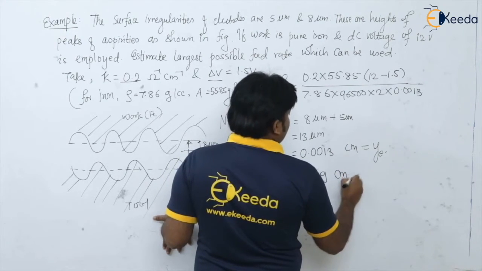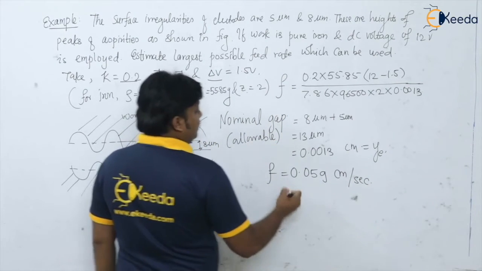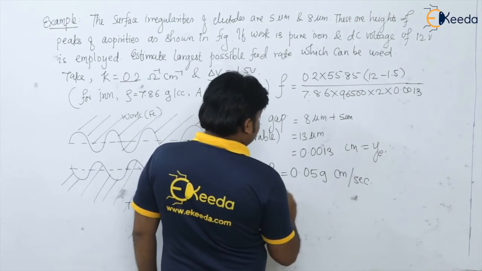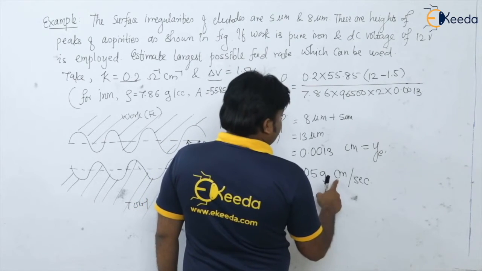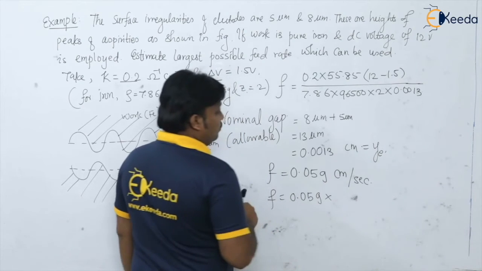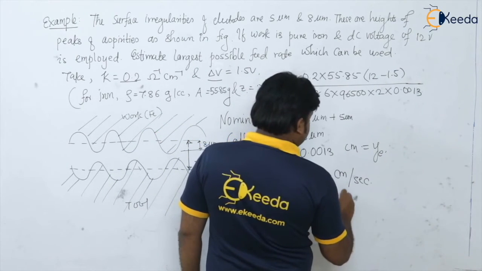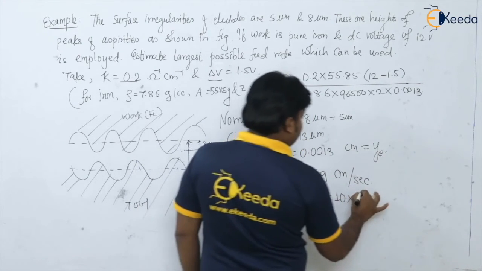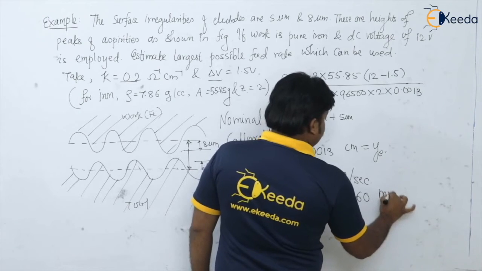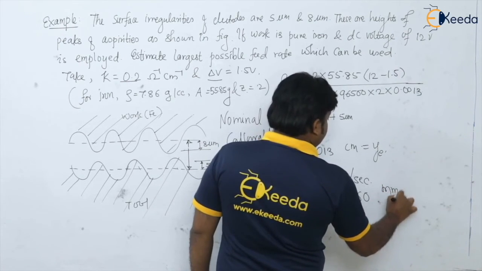centimeter per second. Okay, if you want to convert it into mm per minute, then it will be 0.059. So 10 millimeter is equal to 1 centimeter, so into 10 millimeter, and for minute, 60 seconds are there, into 60. So it will be in mm per minute.